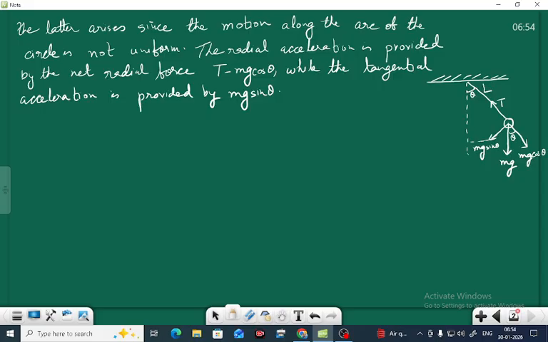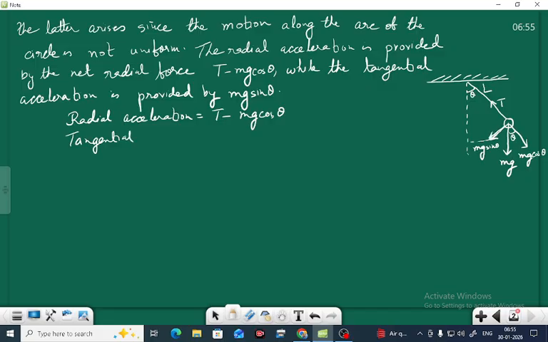So what we are getting is two forces and two accelerations: radial acceleration and tangential acceleration. Here you see the radial acceleration is equal to T minus mg cos theta, and tangential means this one.